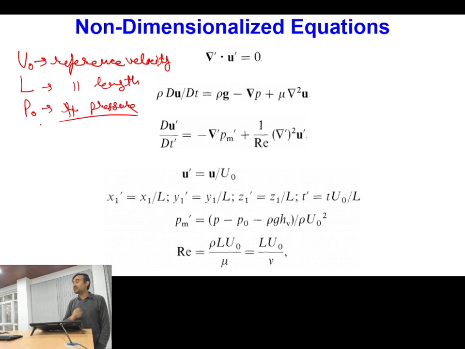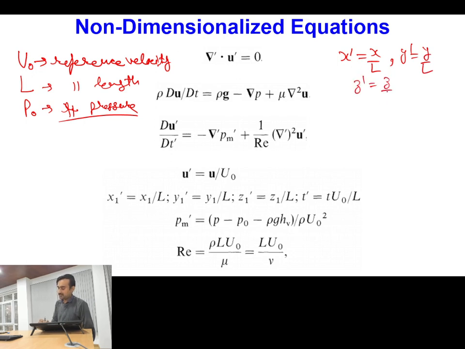If you consider these three reference quantities and non-dimensionalize all the lengths, then x dash is x by L, y dash is y by L, z dash is z by L. So x, y, z have now shifted to x dash, y dash and z dash, the corresponding non-dimensional quantities non-dimensionalized with length scale L.